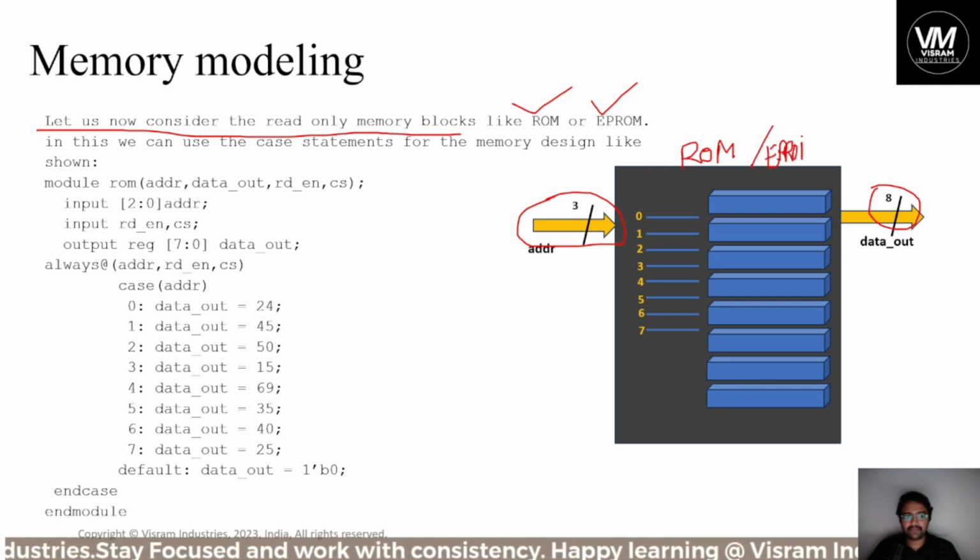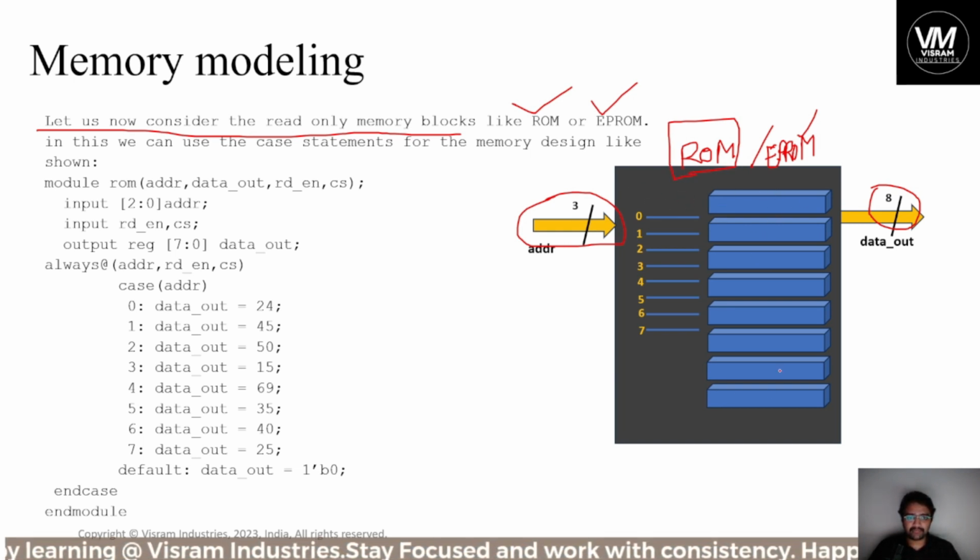In that EEPROM, electronically erasable, programmable, read-only memory. This can be reset electronically by an electronic pulse, and read-only memory is nothing but you can only read from the memory.